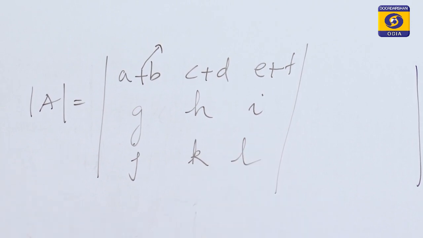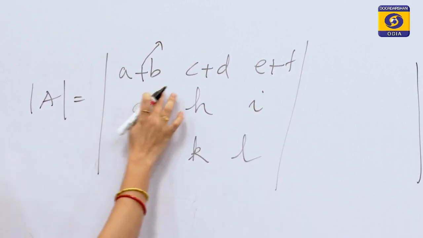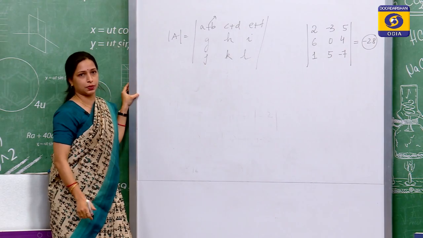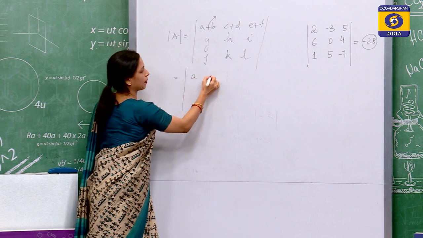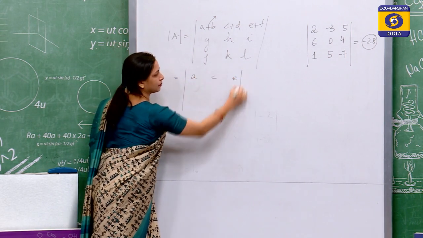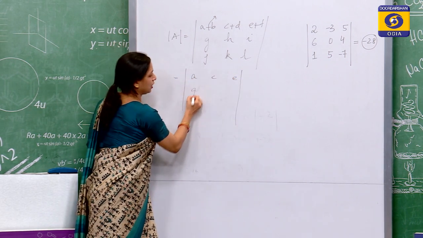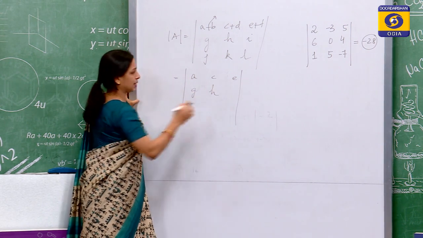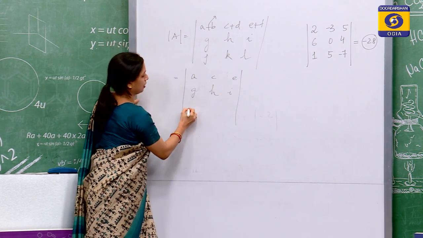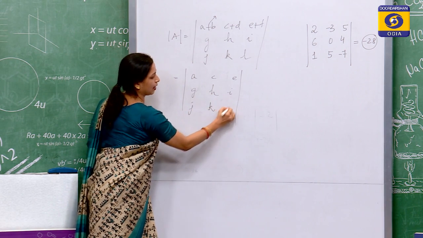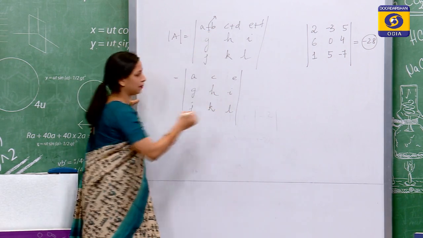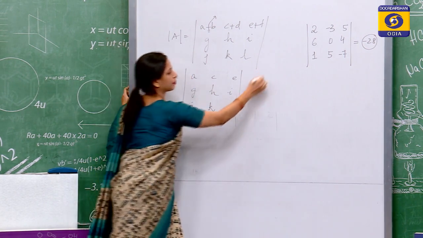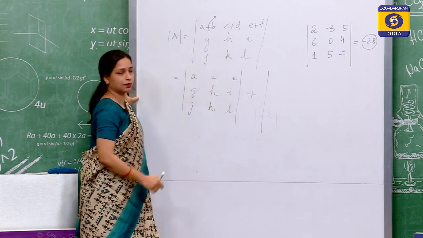So, according to the property, you can split this into two determinants. That means, you can write it as A, C, E, G, the remaining elements remaining the same, I, J, K, L. Here the algebra is plus, so sum, so plus the next term, right.